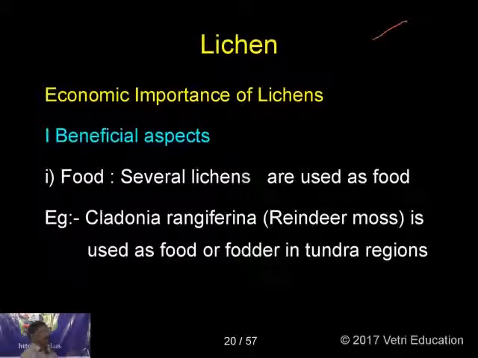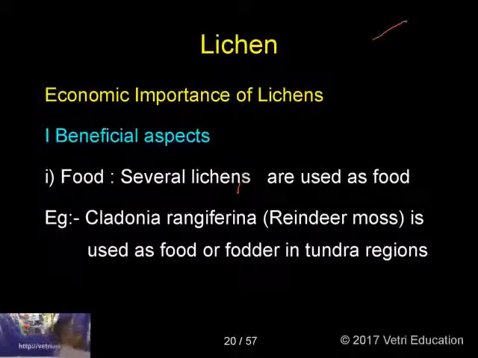Several lichens are used as food. Example, Cladonia rangiferina. This is called reindeer moss. It is used as food and fodder in tundra regions. Most of the tundra reindeer are fed by this Cladonia rangiferina, so it is called reindeer moss.